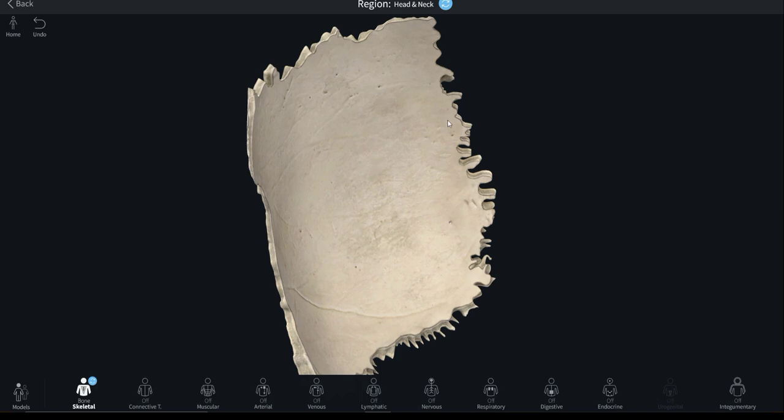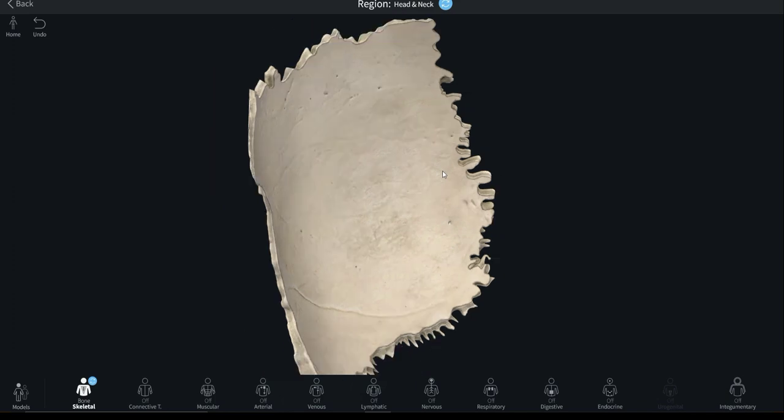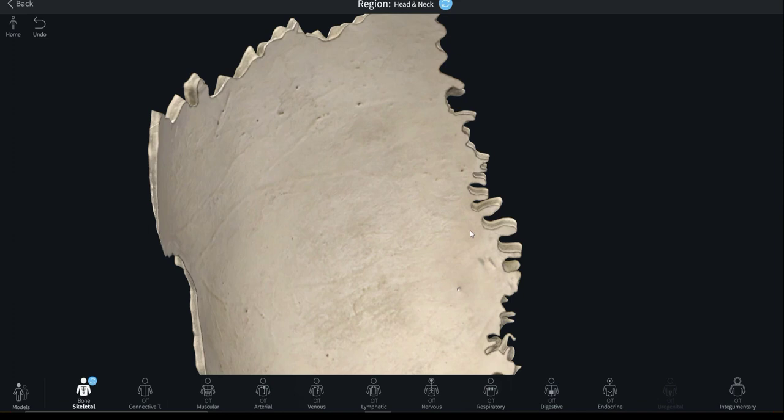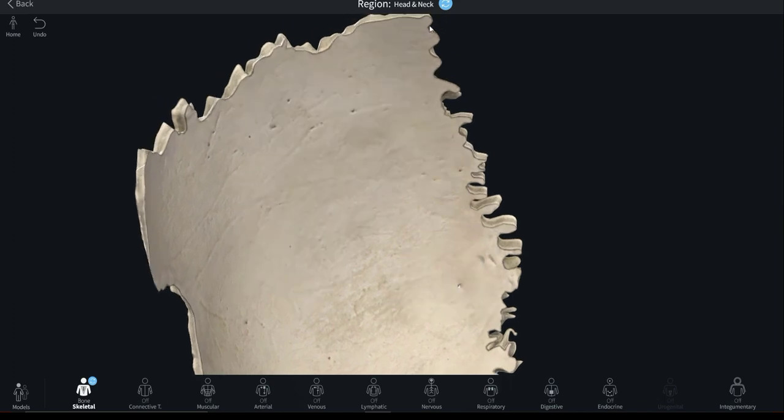Now, what I would like to show you guys is another vascular relation of the parietal bone, or rather the inner side of the parietal bone. That is, if you look closely enough, it is not very visible here in this model, but here in relation to this superior border, there is a faint groove, right?